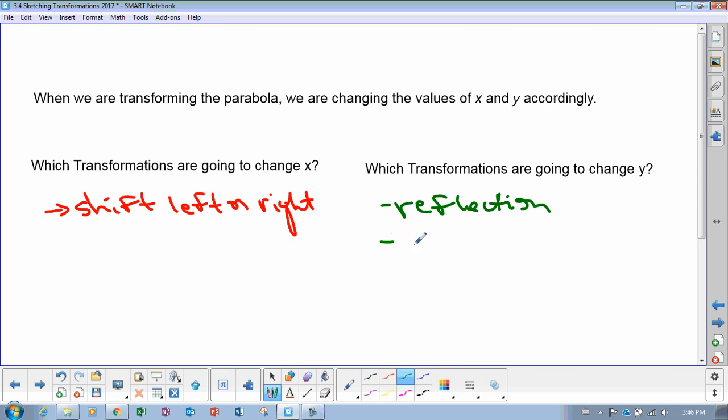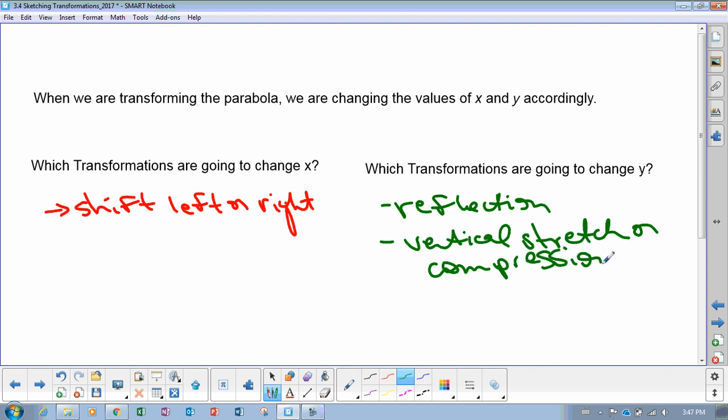There's going to be a vertical stretch or compression. And then finally, there's going to be a shift up or down. So this shows you that there's only one thing that can happen to the x, whereas there's 3 things that can happen with the y.